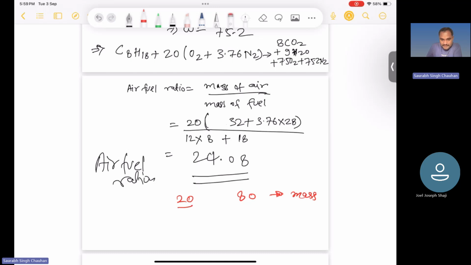If you divide by 32, then it will become the number of moles of oxygen, and if you divide by 28, then it will become the number of moles of nitrogen.